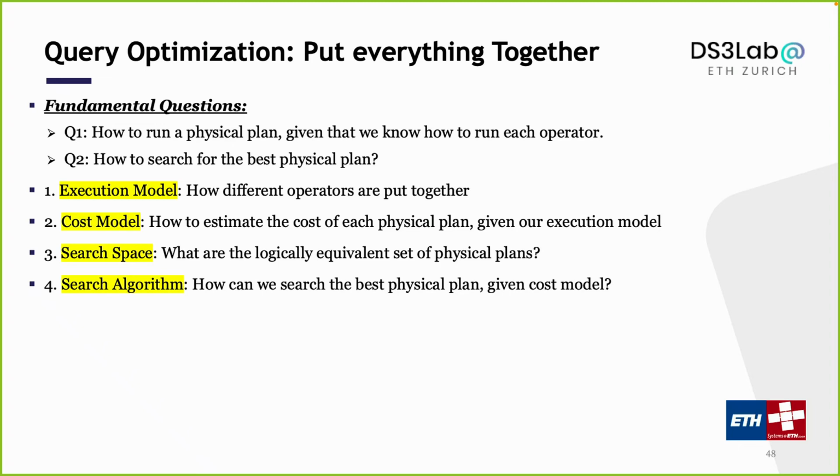The search space, what are the possible transformations to turn an input plan into an equivalent plan that gives you the same result. And then a search algorithm to find the best physical plan given the cost model. Real-world database systems often make different design decisions for each of these, but I would be really surprised if a system were missing one of these dimensions. So these are the 4 fundamental aspects of a query optimizer.